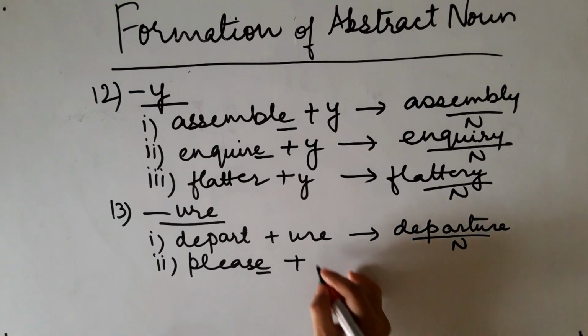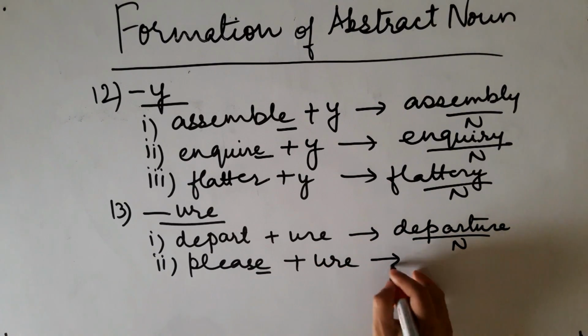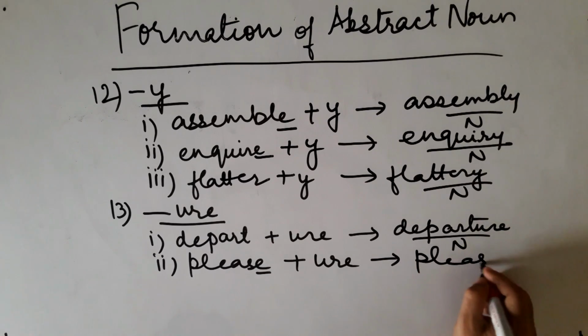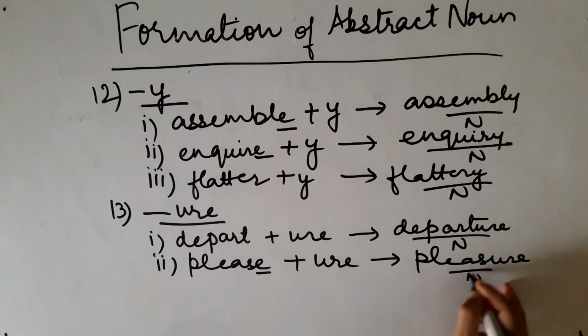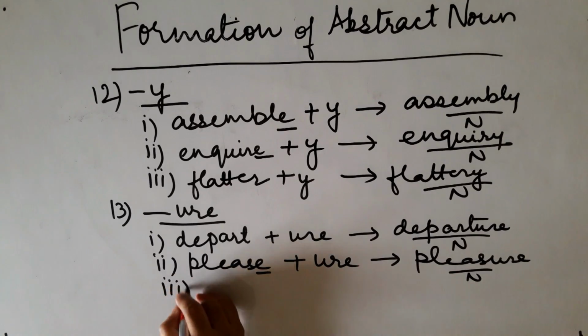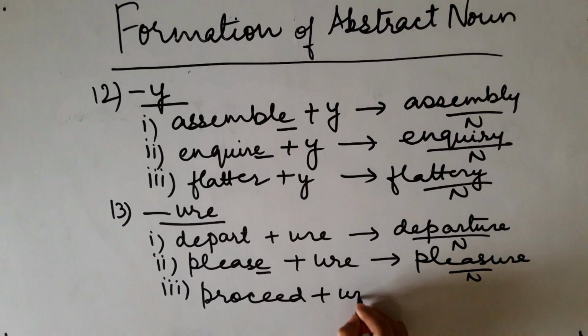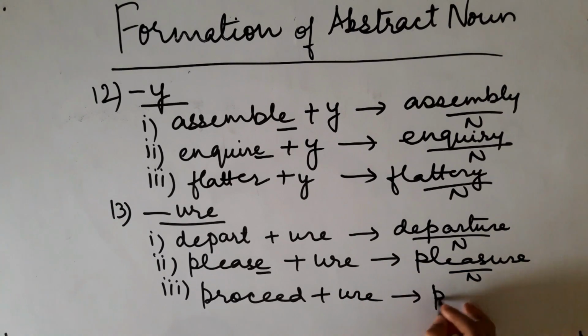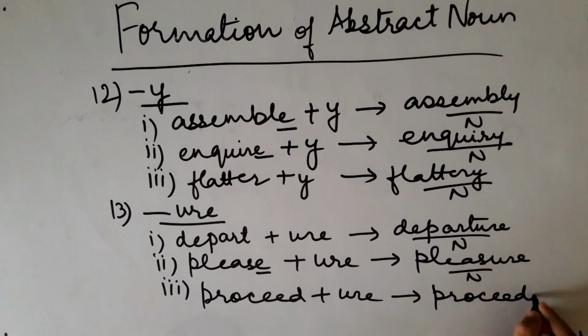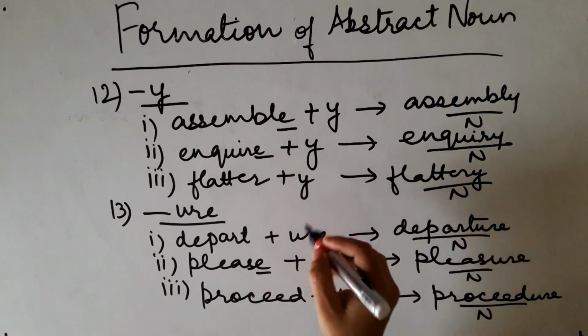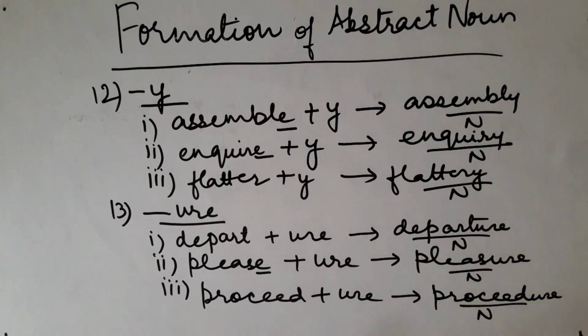Here we will replace e, we will add ure and it becomes pleasure, which is a noun. We have words like proceed. We will add ure, it becomes procedure, which is a noun. So in this way we are changing all the verbs into nouns. In these two categories we are adding y and then ure.